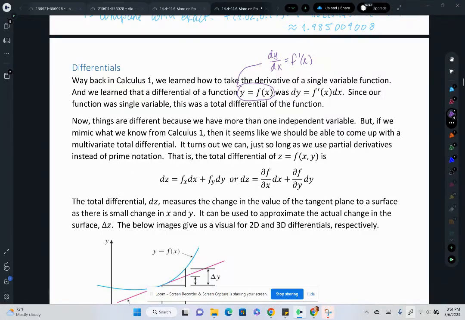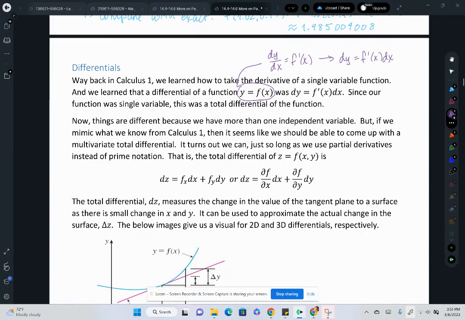Now, if we were to separate that fraction dy dx by multiplying both sides by dx, this would become dy is equal to f prime of x dx. And what this is known as is the differential. We worked with the differential a bit in Calculus 1. We may or may not remember that, but we are going to work with it again in Calculus 2.